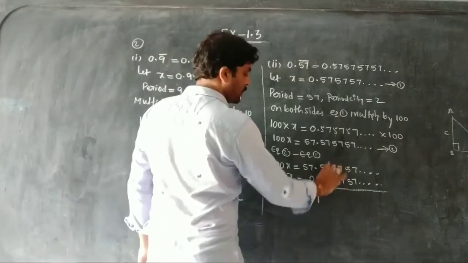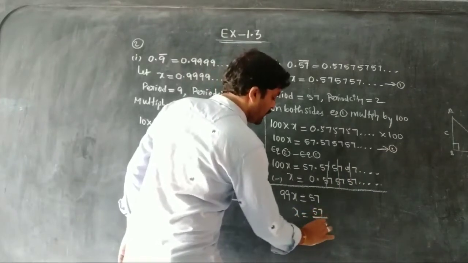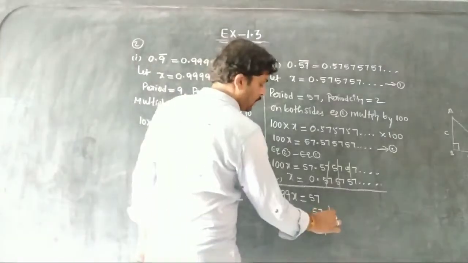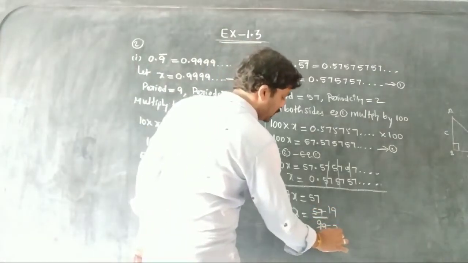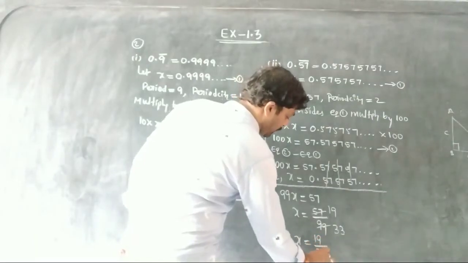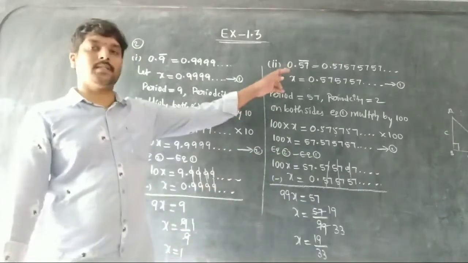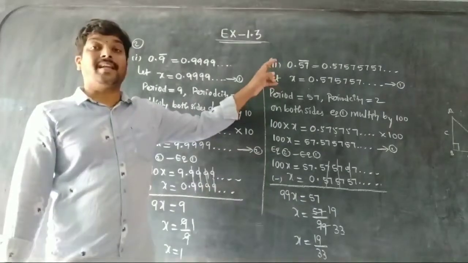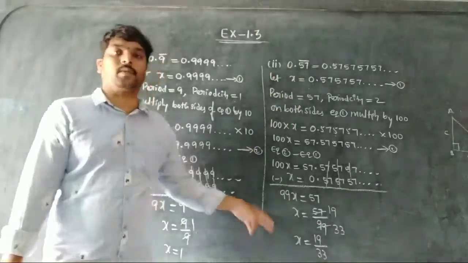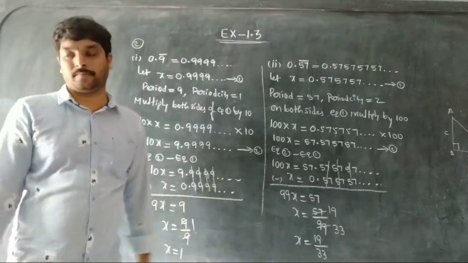Here we got 57. x is equal to 57 by 99. Now cancel with the 3 table: 3 ones are 3, 3 nines are 27; 3 threes are 9, 3 threes are 9. So x is equal to 19 by 33. This is written in p by q form. Terminating decimals and these recurring decimals, non-terminating recurring decimals, can be written in p by q form. Both of them are the same: non-terminating and recurring decimals.